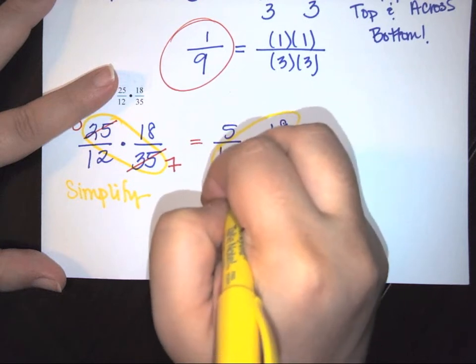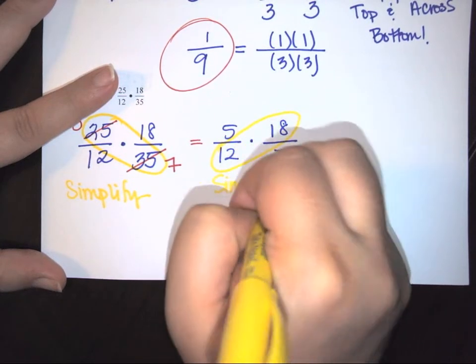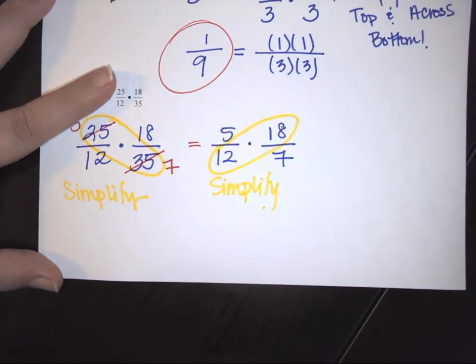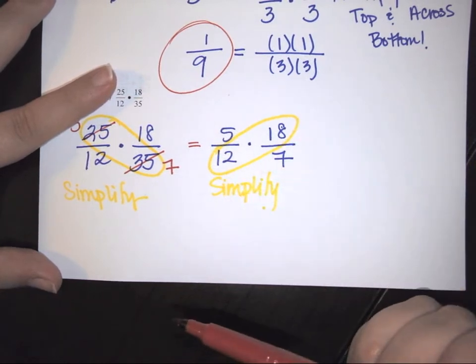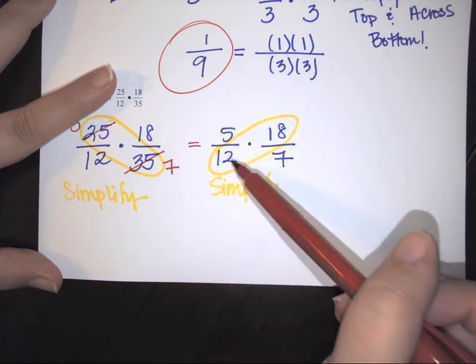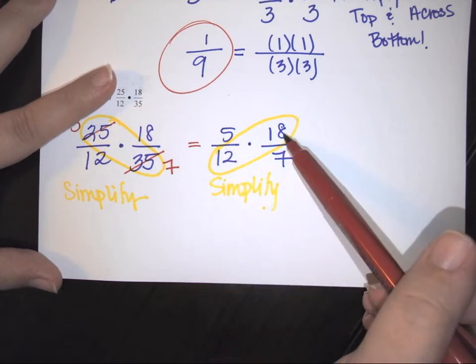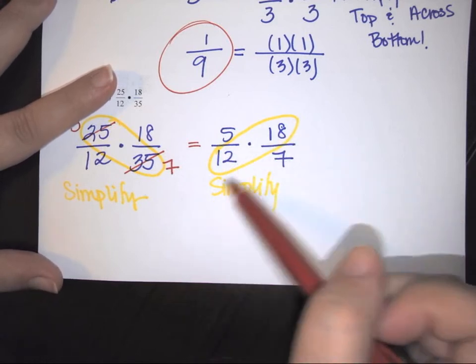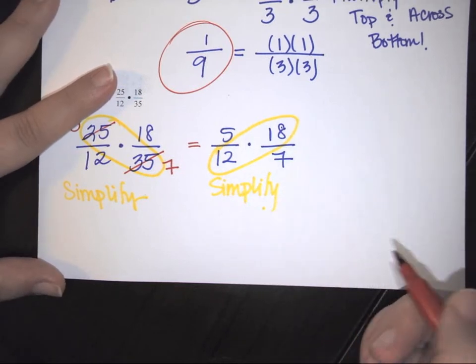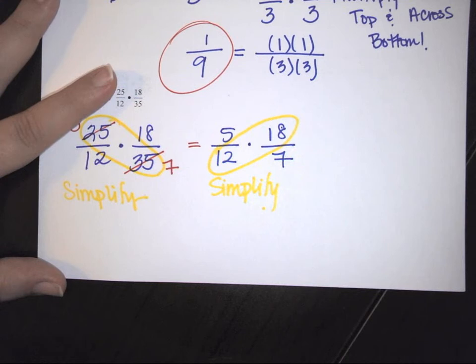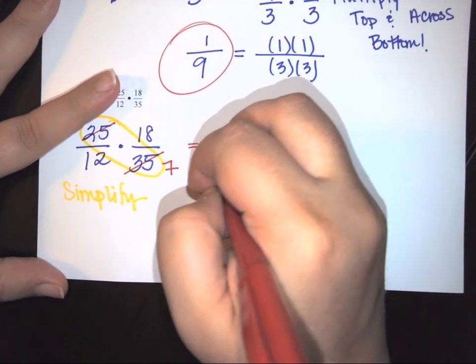So here again we need to simplify. So if I look at 12 and 18, I know for a fact that 6 goes into 12 and 6 goes into 18. If you can't see that right away, then one of the things that you would definitely want to do is go back to what we did during those first 4 examples, which is create those factor trees and identify your common factors.